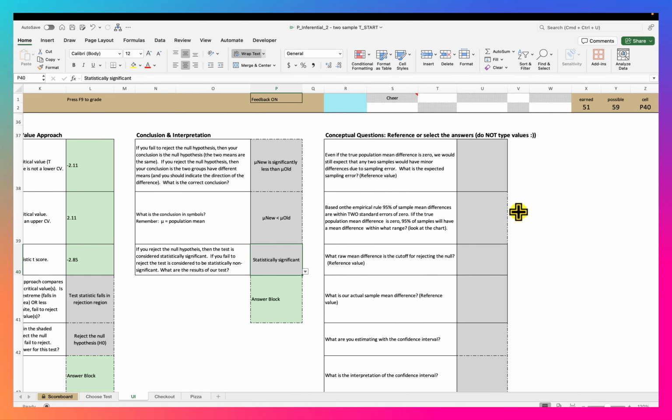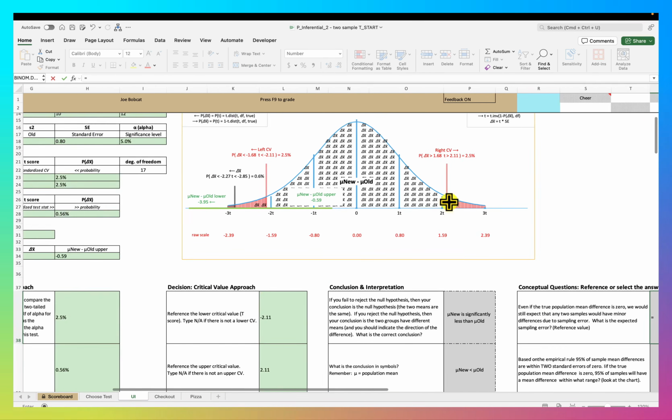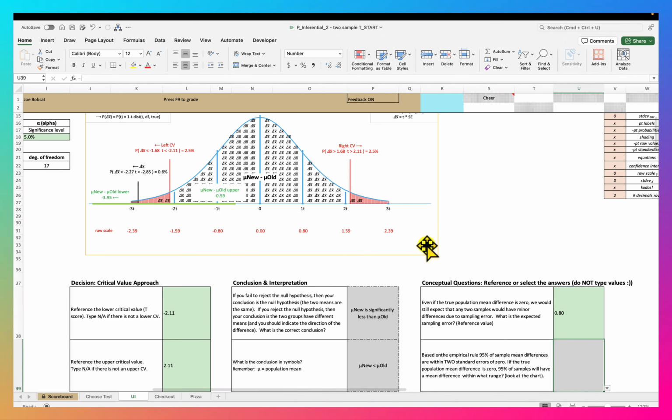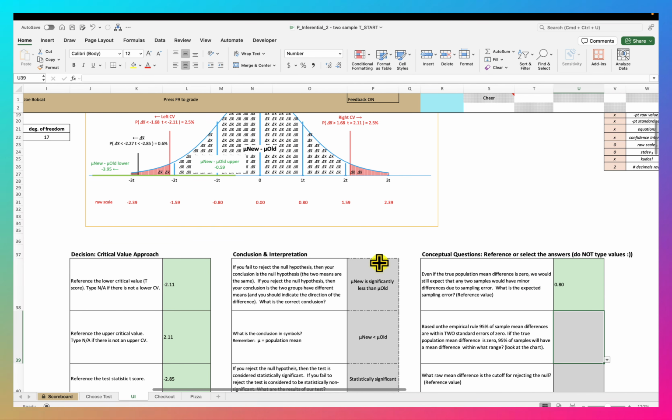Okay, we're almost there. So even if the true population mean difference is 0, we would still expect that any two samples would have minor differences due to sampling error. What is that sampling error? So we'll reference the value. And now from the empirical rule, we're after the 95%, which remember is -2 to +2 standard deviations. So what's that? It's going to be -1.59 to 1.59.